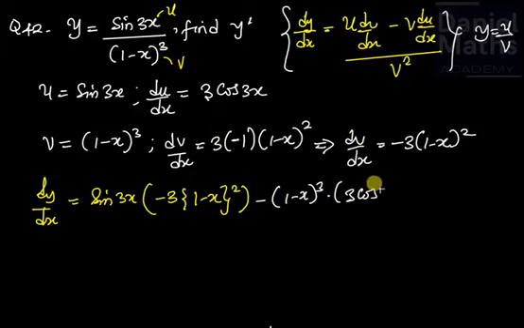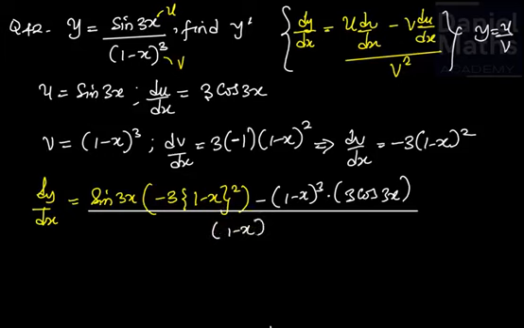All of this is divided by my v, which is 1 minus x raised to power 3, and all of this is raised to power 2. So this is what we have.